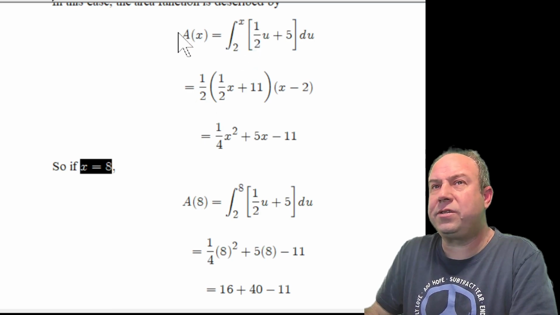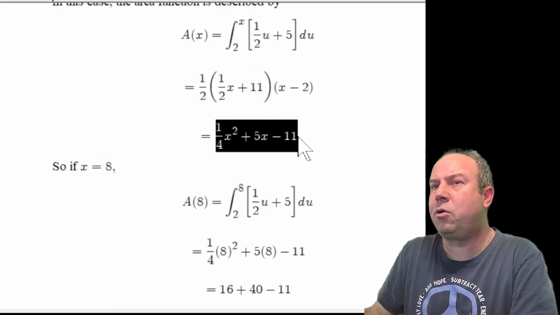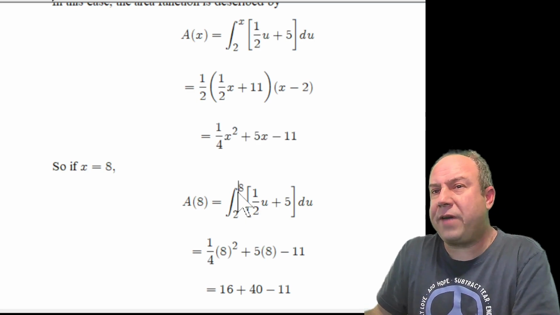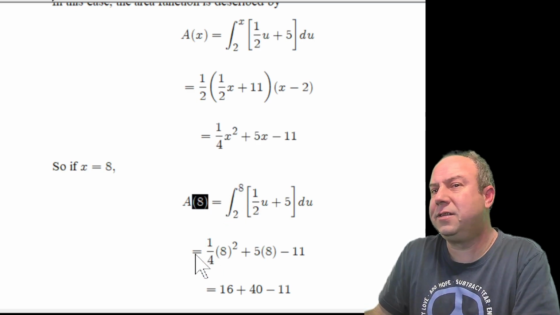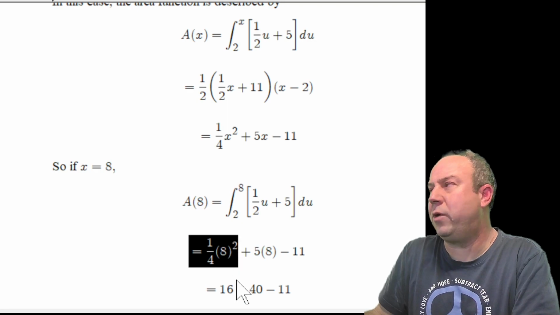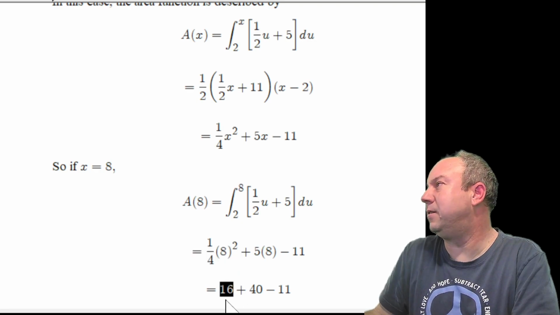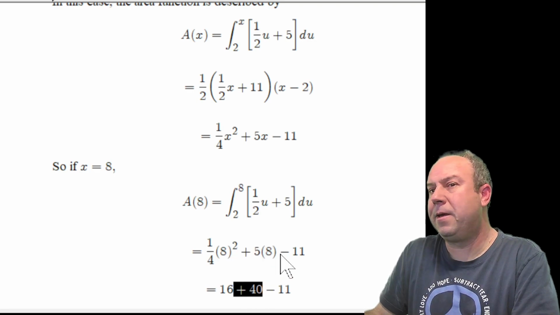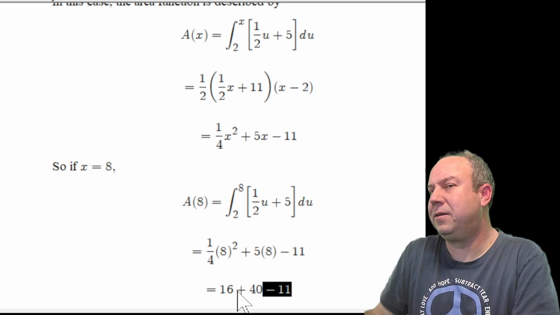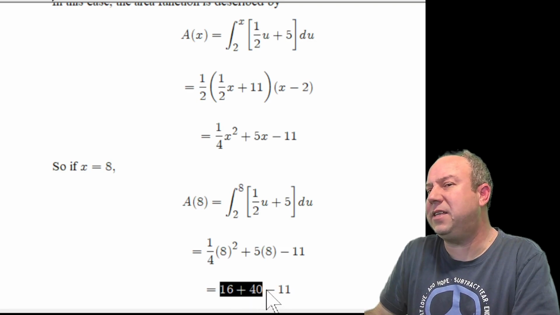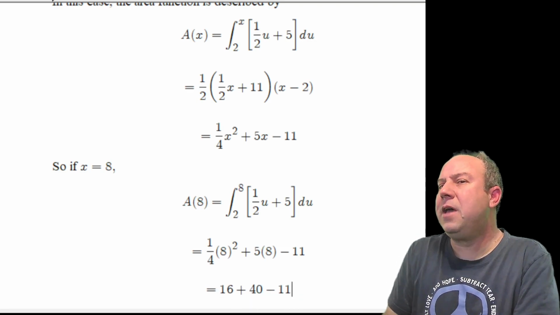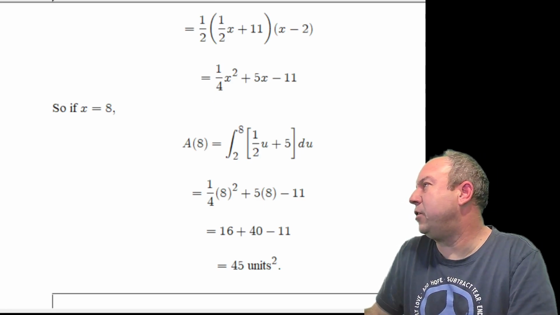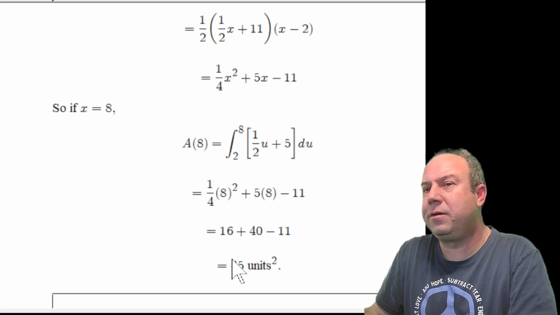And what do we know this is equal to in terms of x? Well, it's a quarter of x squared plus 5x minus 11. So if x is 8, it's going to be a quarter of 8 squared, which is 16. Plus 5 times 8, which is 40, minus 11. So this is going to be 56 minus 11, and what we end up with is an area of 45 units squared.